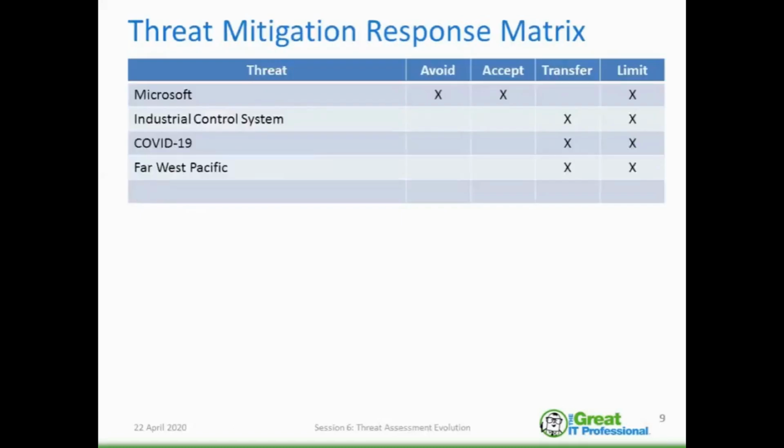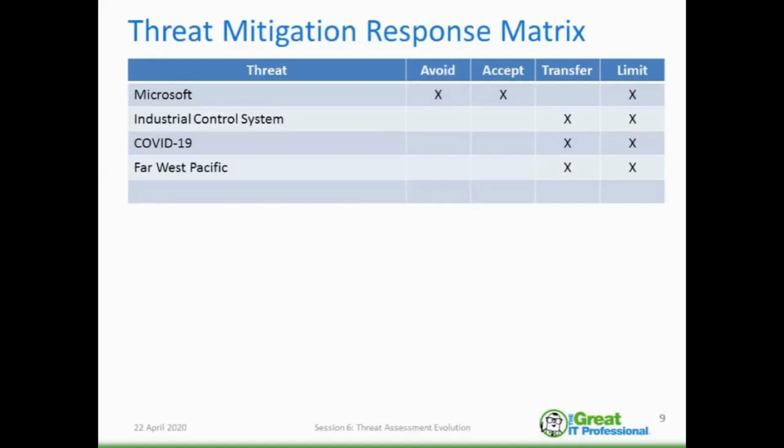So when we looked at our threat mitigation response, we built the matrix. We looked at these 4 main threats, and as we narrowed them down back to our main threat, our number 1 threat is Microsoft. I think we just know that, and it's not because Microsoft in and of itself are all bad actors and sloppy. They have an enormous set of code.